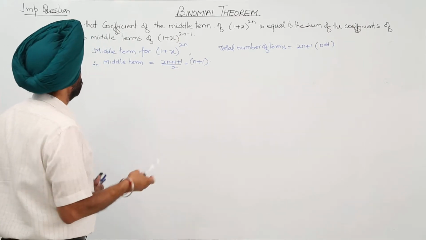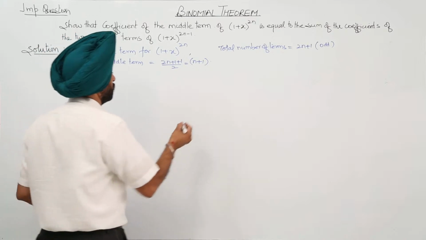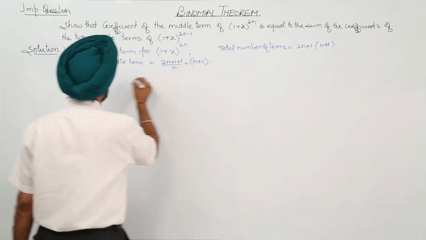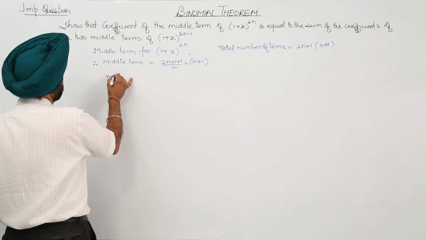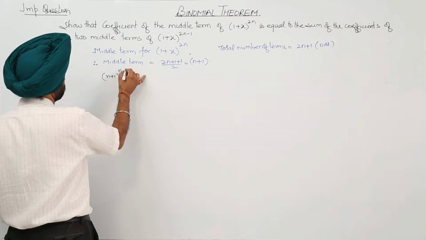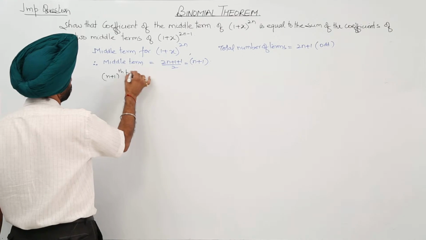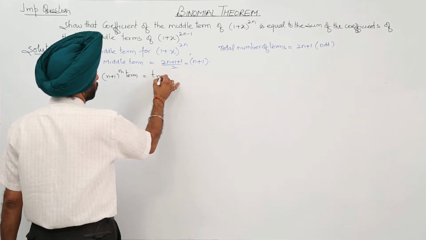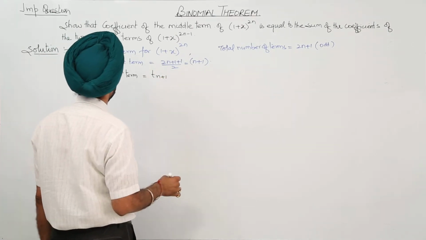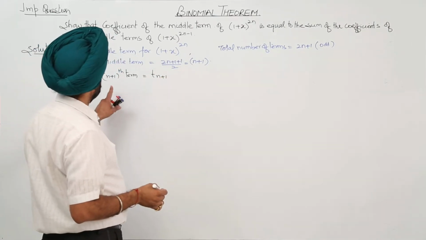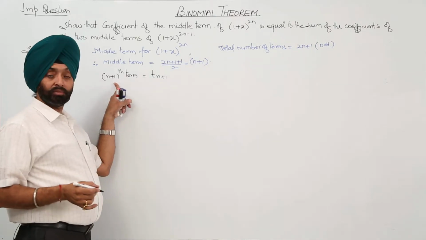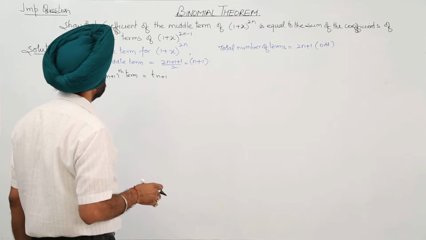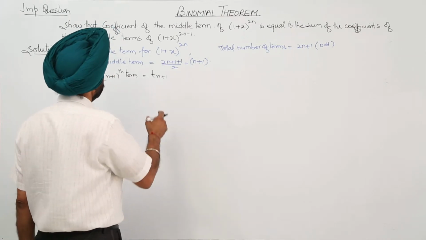Now the (n + 1)th term is equal to T(n+1). Remember, the (n + 1)th term is the middle term here, not the second last term.